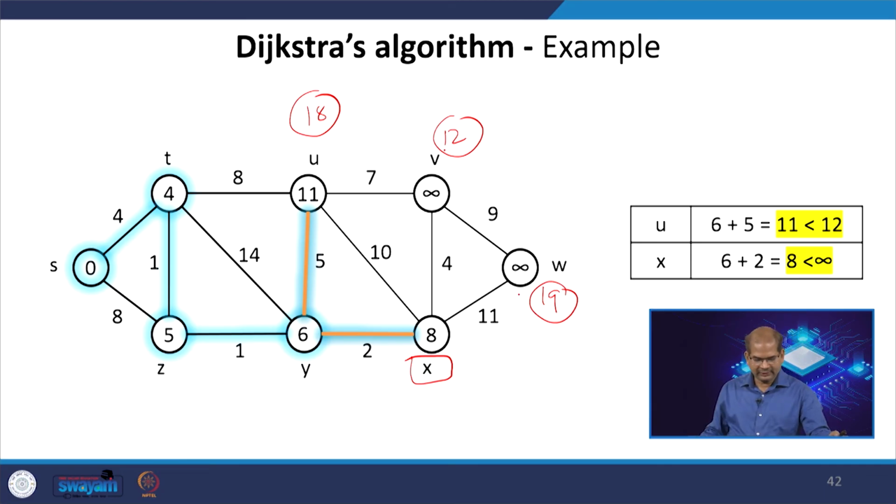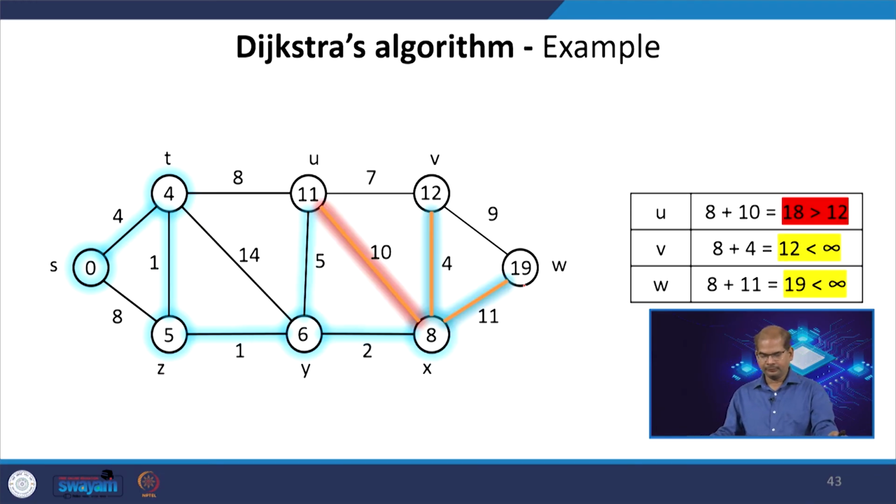So, if I can see here, so you have 18 is there, 11 is there, which is the minimum? 11 is the minimum. So, this path will not be selected. And about this V, because there is only one path, 12 is less than infinite. So, it will be replaced to 12. Similarly, here W 19 is less than infinite. So, it will be replaced by 19.